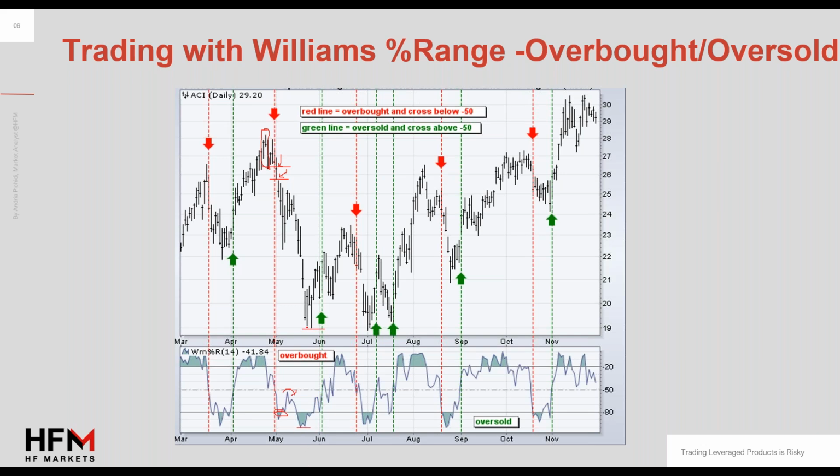So there was some consolidation that followed over here. You see the double bottom over here until it crossed above -80 here, somewhere here, in which you could open a long position.